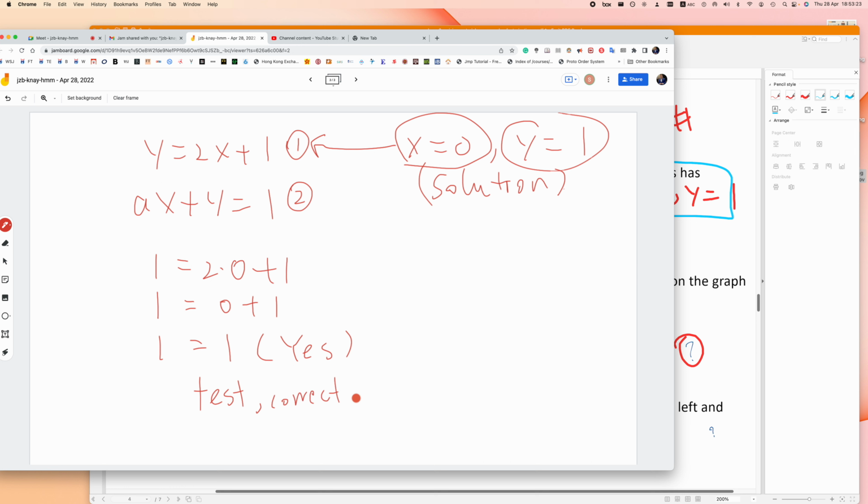What do you think is your second step? The second step is you put this x equal to 0 and y equals to 1 into your equation 2. So I just write down equation 2 first. So change my x to 0. Change my y to 1. So what do you end up with? You end up with a times 0 is gone.